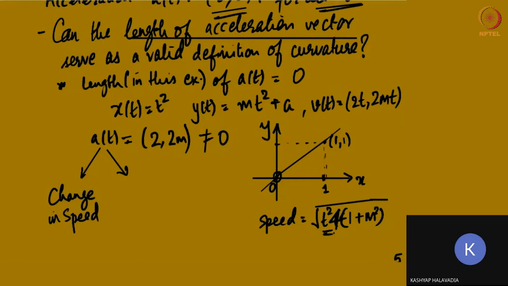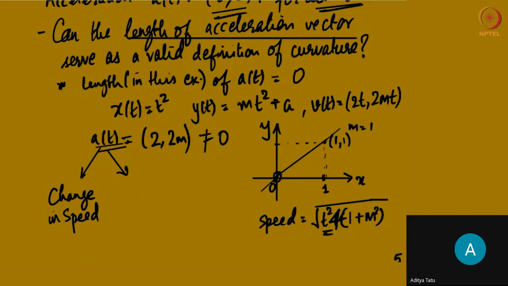So here in this example, I've assumed m to be 1. So the direction in which I'm traveling is the same. Then what is the source of this acceleration? Why am I getting a non-zero acceleration? Is it because of change in speed or change in direction? Change in speed. So of course, change in speed also contributes to acceleration.